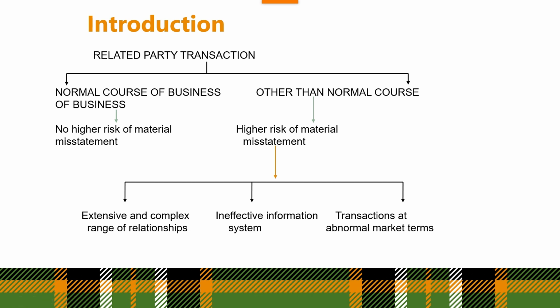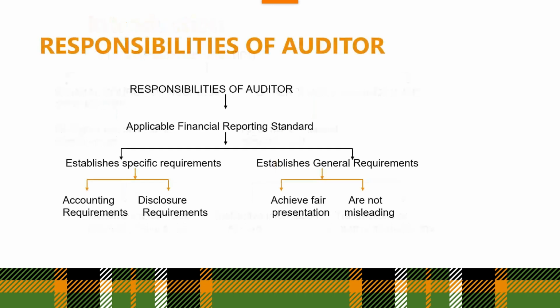Let's move forward to the auditor's responsibilities. What are the main responsibilities of the auditor? This slide explains what the auditor must do. The auditor must follow the applicable financial reporting framework. The auditor must check whether the disclosures are complete and clear.